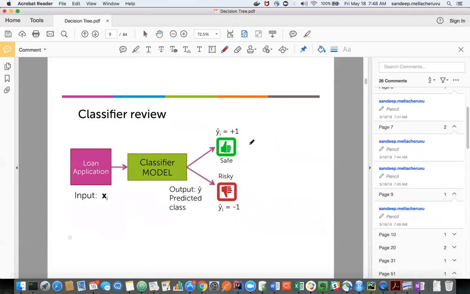You can say safe loan as 0 and risky loan as 1, or the reverse. In this case, he is using +1 and -1. Normally, we use 0 and 1, or 1 and 0, whatever it is. You can use any notation. That is up to you.